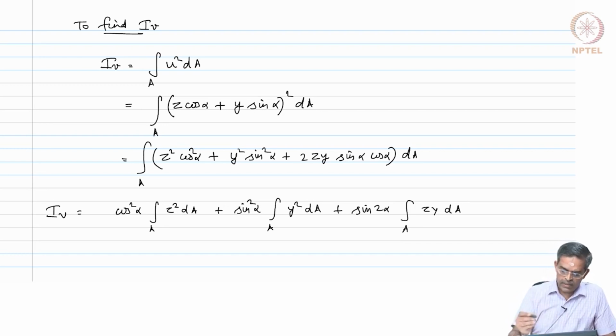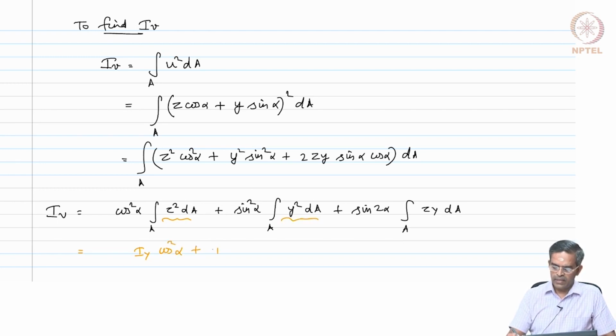Now, I can write this as z square dA is Iy cos square alpha, y square dA is Iz sin square alpha, plus this is going to be Izy sin 2 alpha. This is IV, is it not?